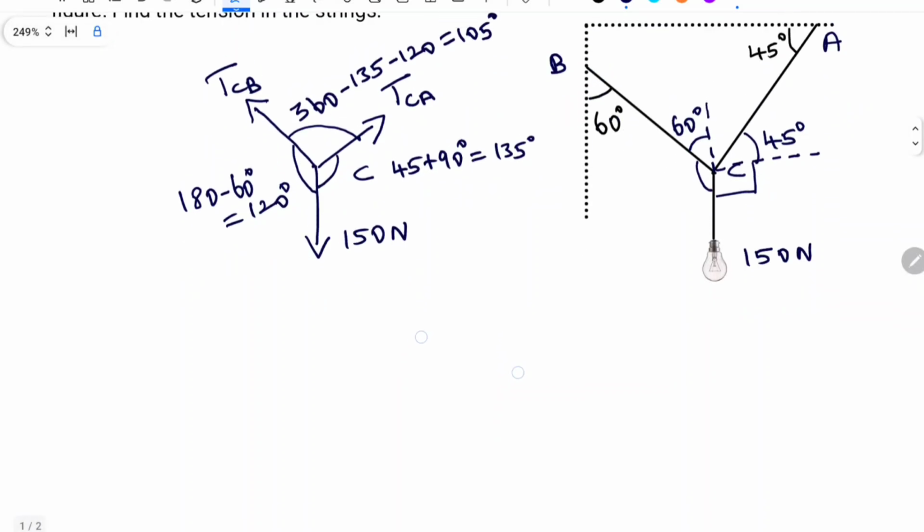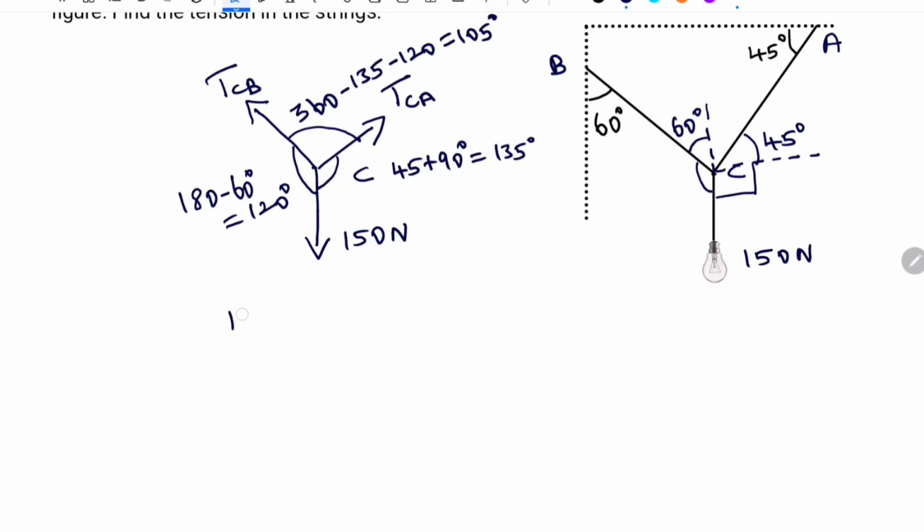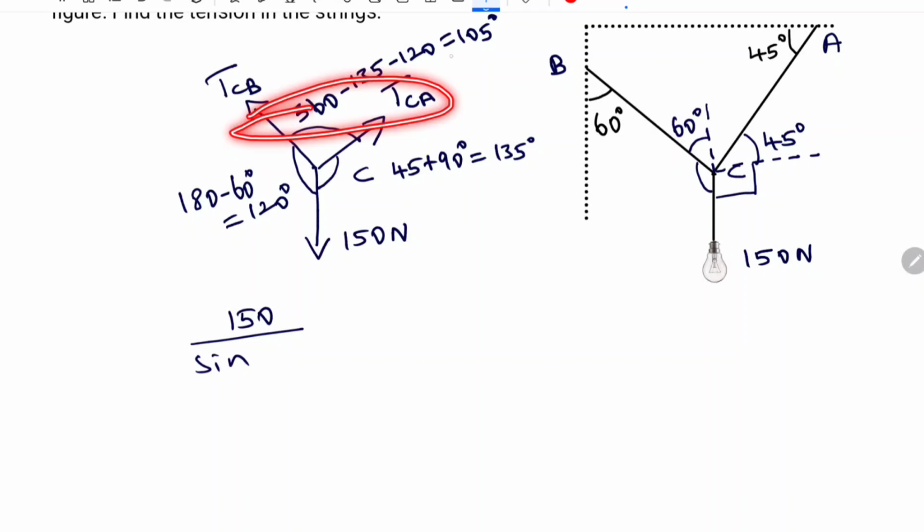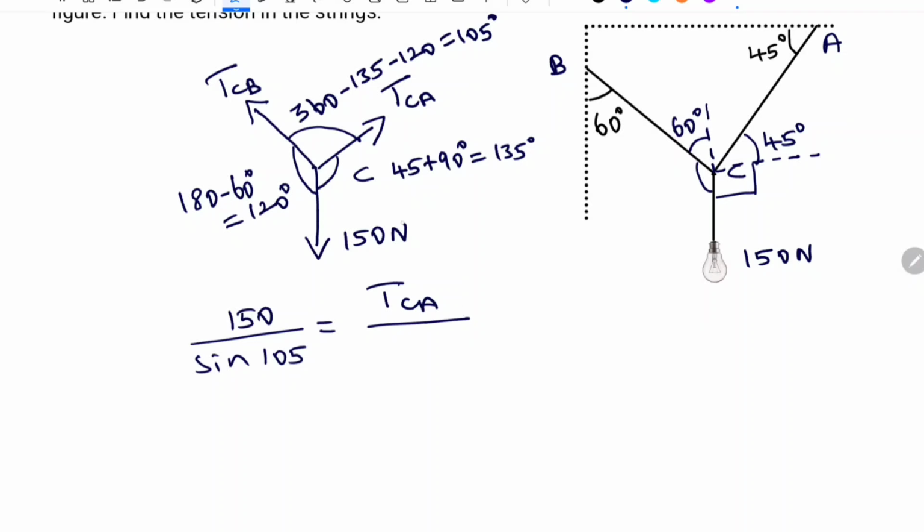Now let us go into Lami's theorem. I am going to start from the known force, 150 divided by the sine of the angle between the other two forces. If I consider 150 Newton, I have to take the inclination between the other two forces, that is 105 degree. So it is sine 105 is equal to, let us consider one unknown force, TCA divided by the inclination between the other two forces, 120.